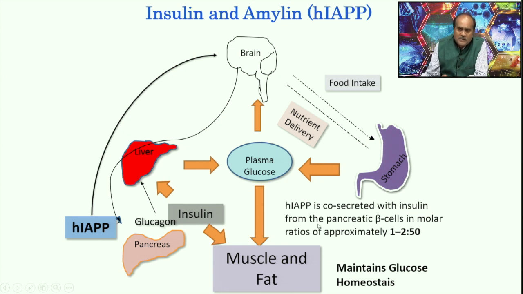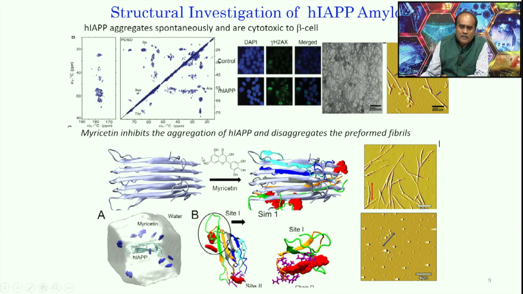But in type 2 diabetes, when insulin is secreted in larger amounts, this also gets secreted, and then it starts aggregating and forms amyloids, which rupture your insulin-producing beta cells. So that becomes dangerous. So I was working on this peptide, which is co-secreted with insulin, and we are doing structural biology of this.